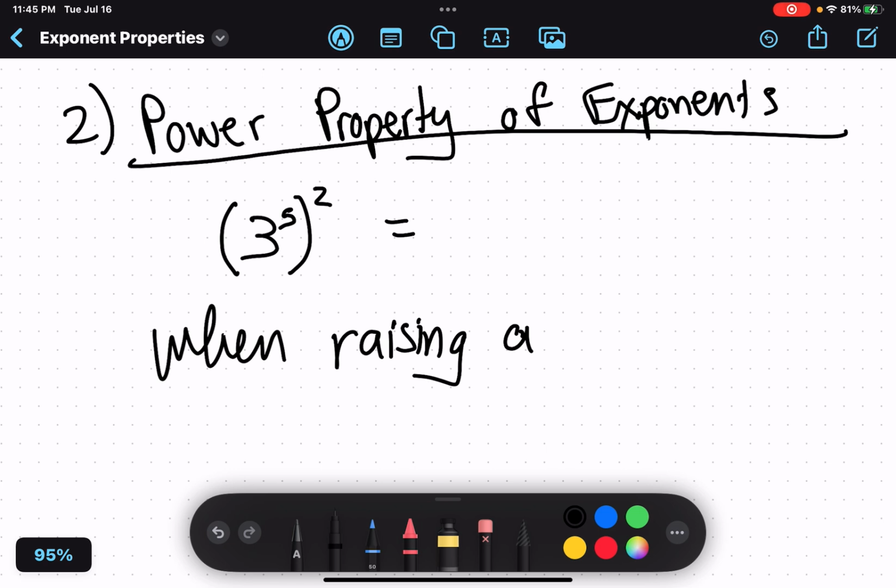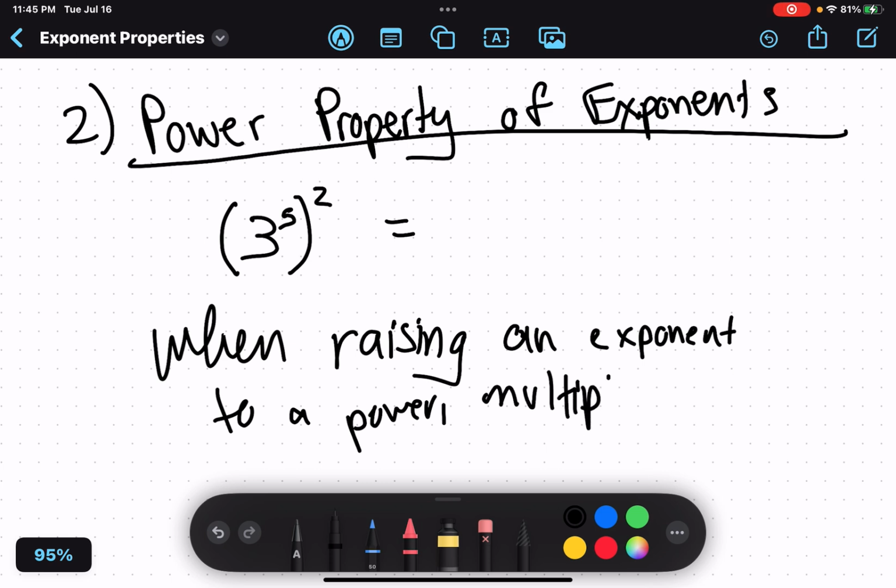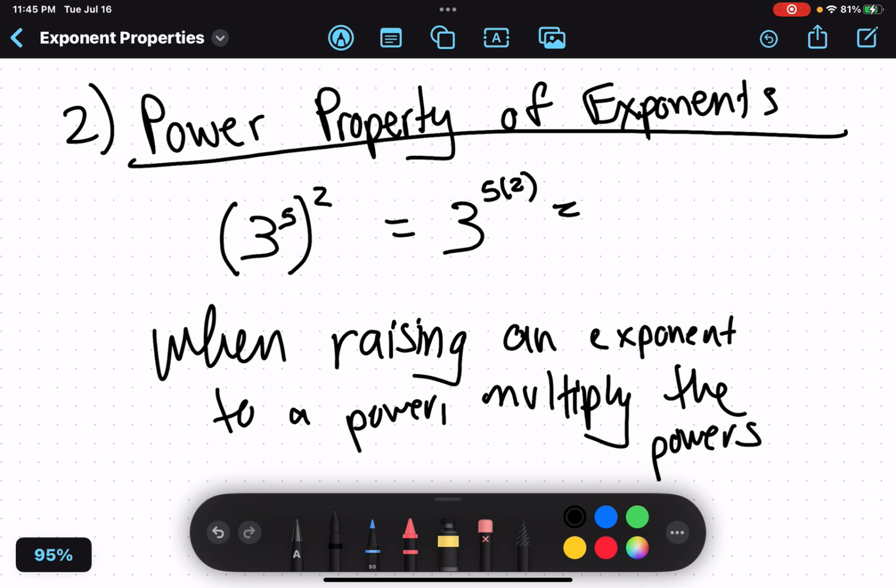When you're raising an exponent to a power, multiply the powers. So 3 to the power of 5 and that to the power of 2 can be rewritten as 3 to the power of 5 times 2, which is equal to 3 to the power of 10.